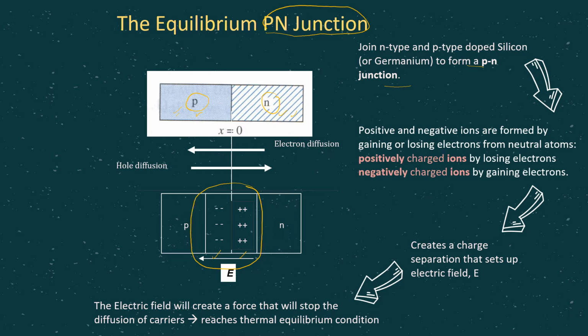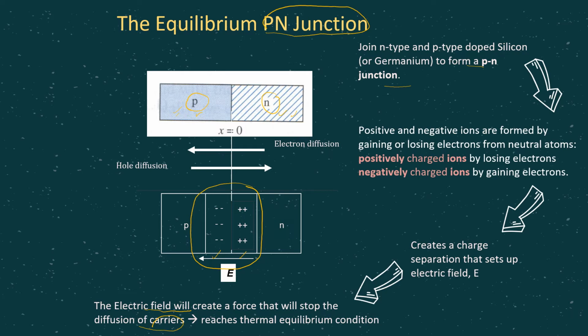Once the electric field is created, there will be a force that stops the diffusion of carriers. Remember, in the beginning, electrons and holes start to diffuse because of the concentration gradient, but once the electric field is created, it stops this diffusion. At this time, we say that this PN junction has reached its thermal equilibrium condition.